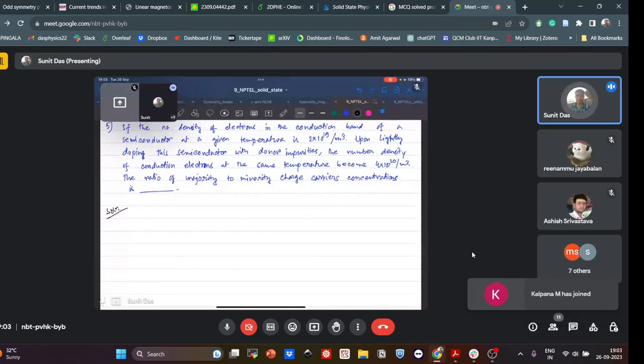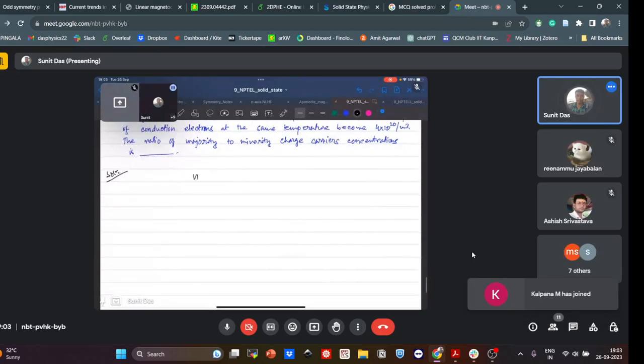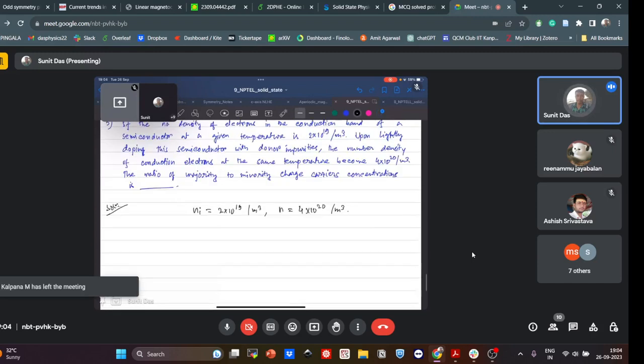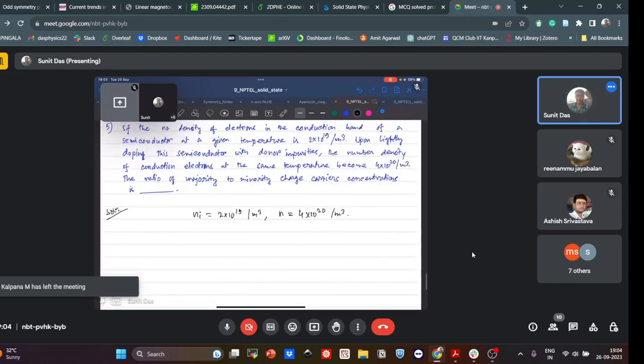Given the carrier concentration of the intrinsic semiconductor is 2 into 10 to the power 19 per meter cube, and in the doped semiconductor it is 4 into 10 to the power 20 per meter cube, right? It is doped with donor impurities.